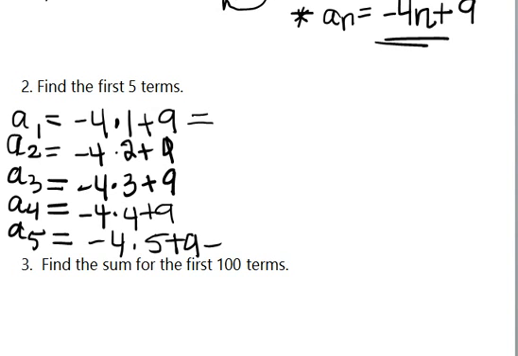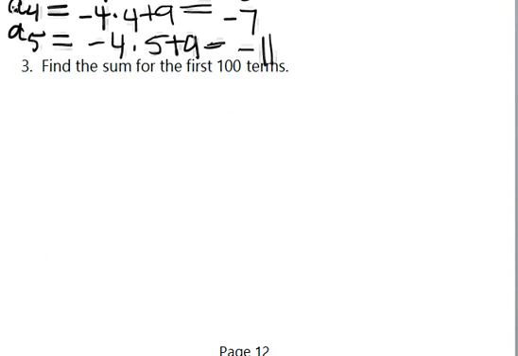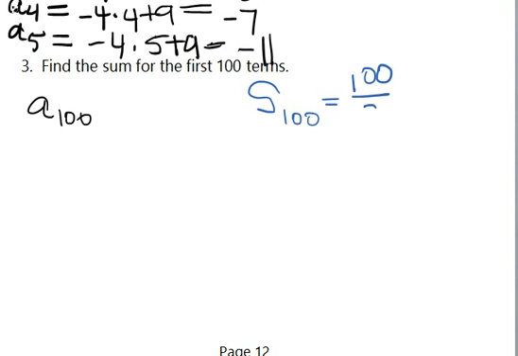Okay, and when I compute all of these values, I end up with 5, 1, negative 3, negative 7, and negative 11. We can use the same explicit definition to find a sub 100. We are going to need that to find the summation of the first 100 terms of our sequence.